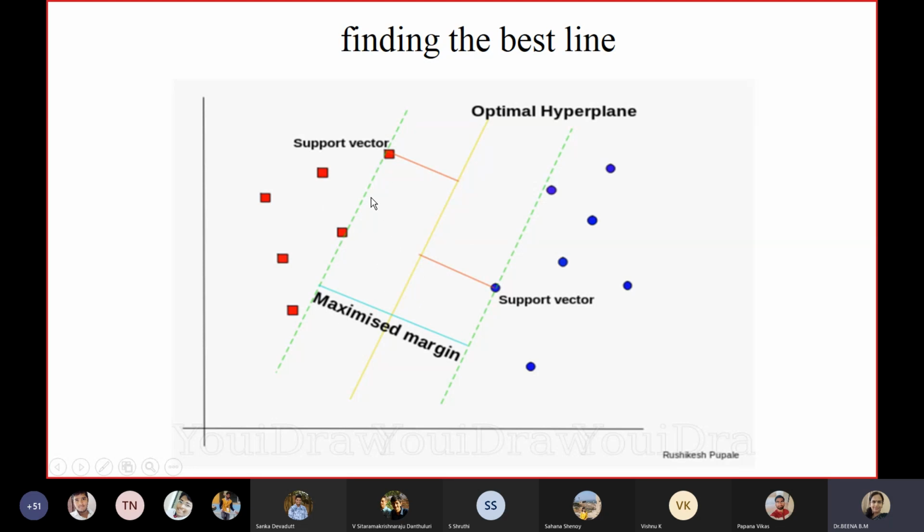This total margin should be as large as possible. We should make sure that this margin is maximized between the two support vectors. So this maximized margin is called the optimal hyperplane.